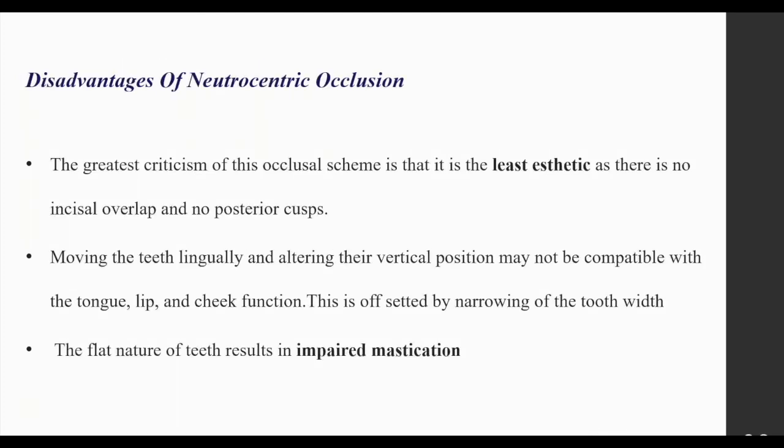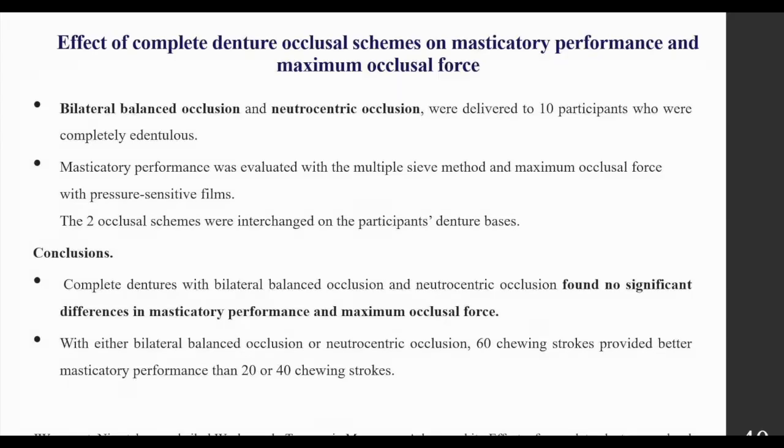The disadvantage is that because there is no incisor overlap and no posterior cusp, it is less aesthetic, and the flat nature of the teeth can result in impaired mastication. There was a study conducted to evaluate the masticatory performance and the maximum occlusal force.